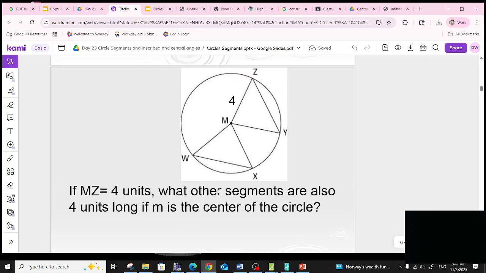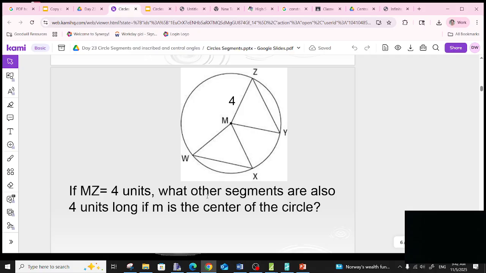So if MZ is 4 units, what other segments are also 4 units long if M is the center of the circle? Right now, look and see how many radii are in the circle and label them 4 units. Go ahead and do that. Have pencil in hand.